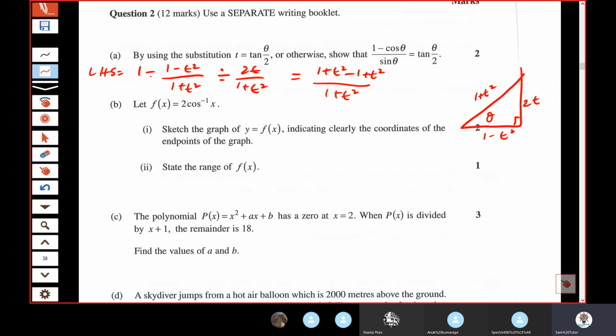Be careful, there's a negative there in front of the whole thing. Multiplied by, flip this fraction, and then 1 plus t, 1 minus 1 cancels. This becomes 2t squared. And then of course 2 and 2 cancel, square and t cancel, you end up with t, as you know. Everything just has to cancel out. And you're going to end up with t, which equals tan theta on 2 equals RHS. Something like that.